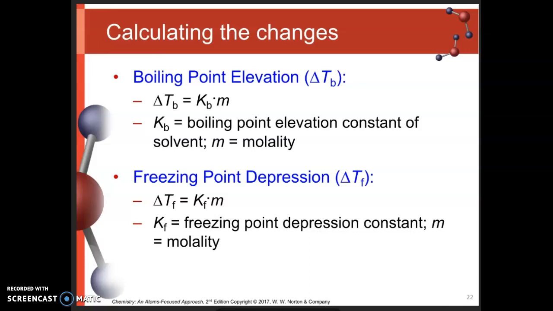Now, what's missing from each of these equations is a discussion of one other important factor. The important factor that we're missing here is something called the Van't Hoff coefficient. The Van't Hoff coefficient, which is depicted by the term i, is estimating the total ionic concentration of the solution.